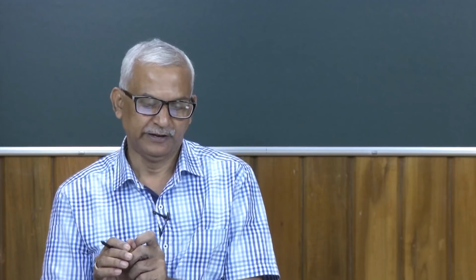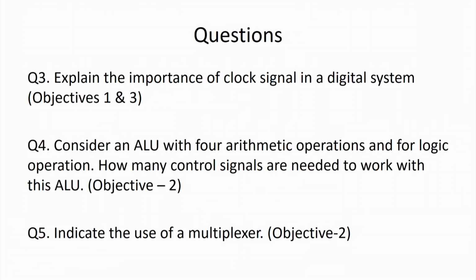Question 5: indicate the use of a multiplexer. You know what a multiplexer is? We have several signals, and we want to select only one of them. That can be done with the help of a multiplexer. Like in question 4, that is a use of a decoder. With the help of a decoder, we can select one of those particular operations.